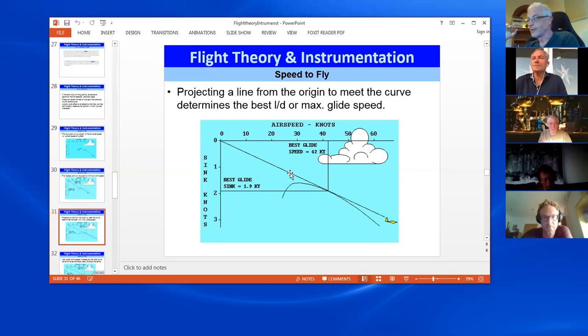They're not going forward. If they increase their speed, they will now be on a glide to get somewhere. That's essentially what's happening. Min sink is you're hanging back. Best glide is giving you a better progression forward. But that's how you work them out. So min sink at the top, best glide where this line touches the curve.